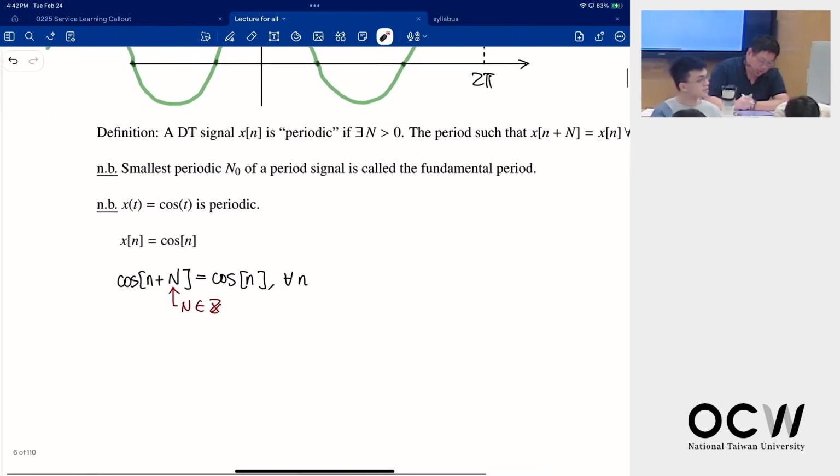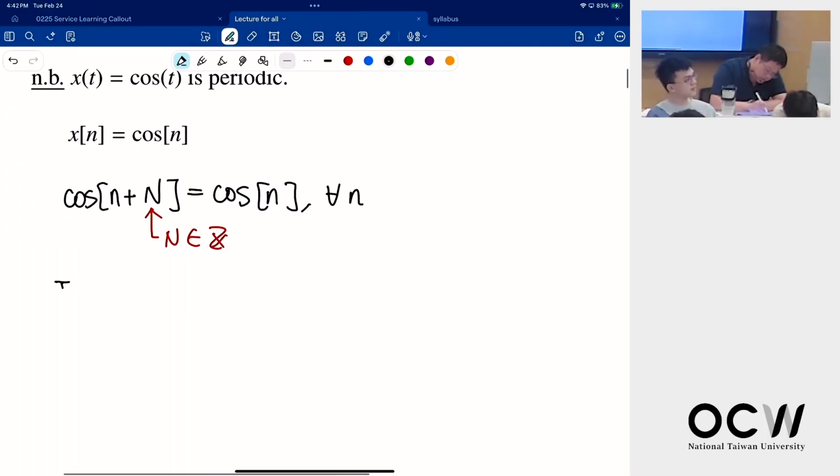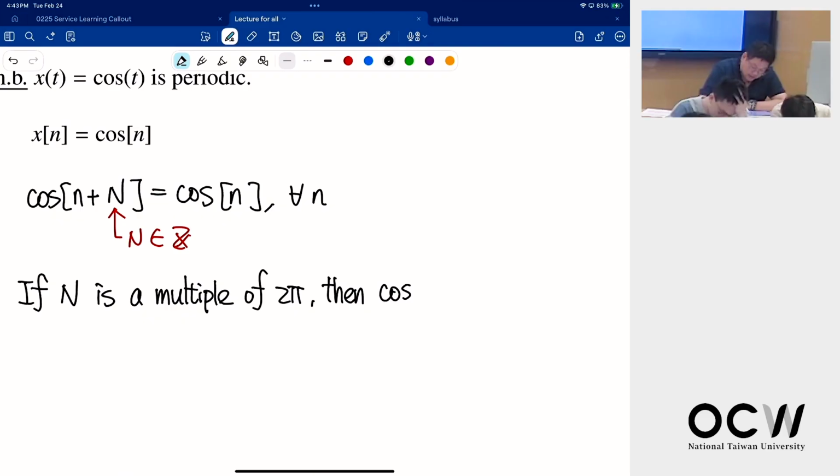So if this N is a multiple of 2 pi, what happens? Then cosine of n plus capital N is cosine n, right?